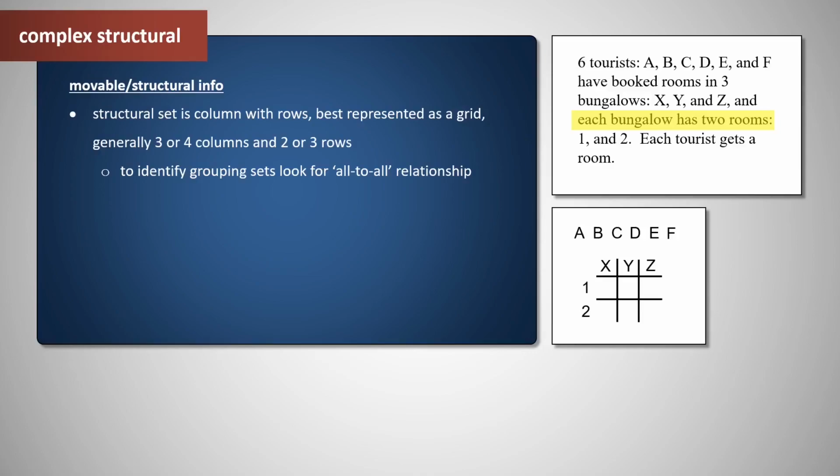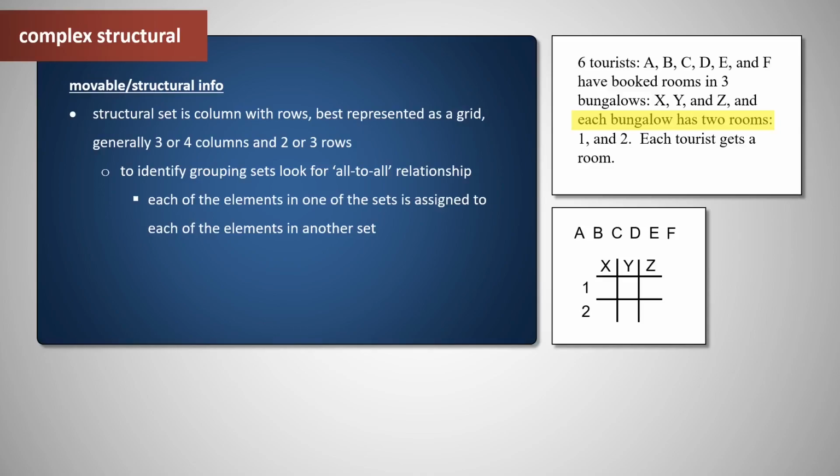That's what I mean by each to each. The difference with the tourists is that some of them are going to go in bungalow X, and some of them are going to get room number 1 in each bungalow, but not all of them. So basically, each of the elements in one of the sets is assigned to each of the elements in another set.